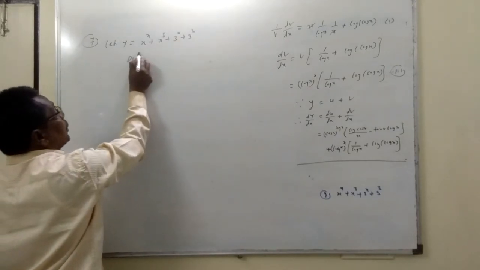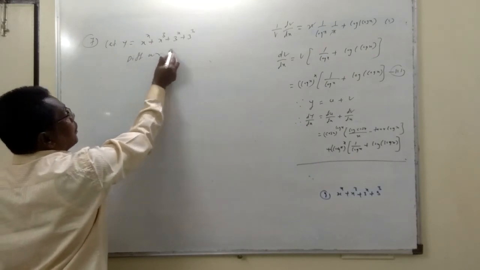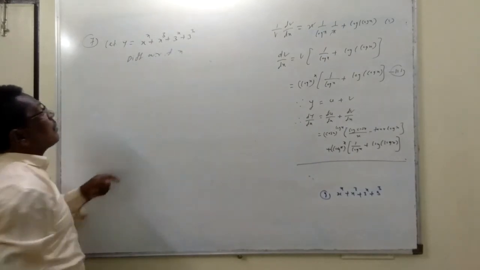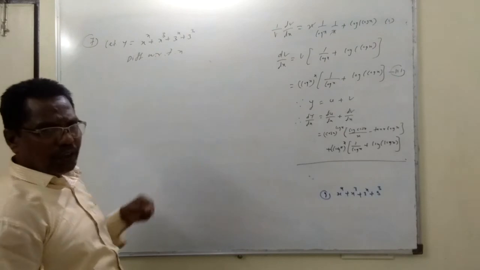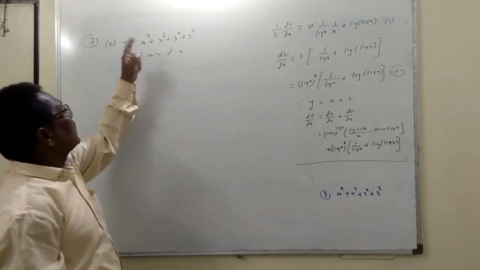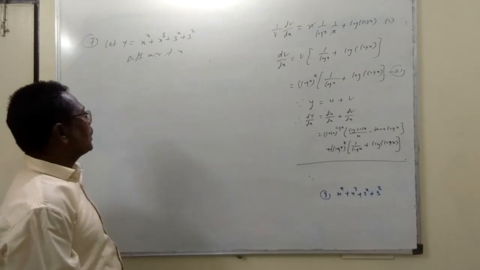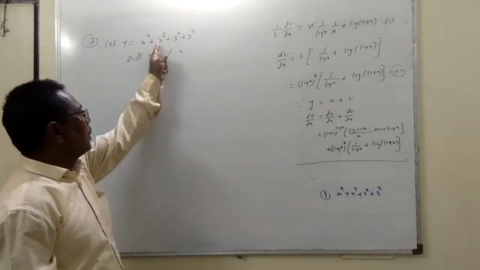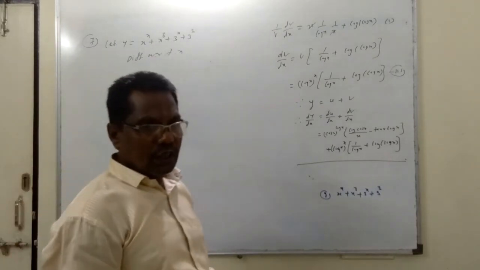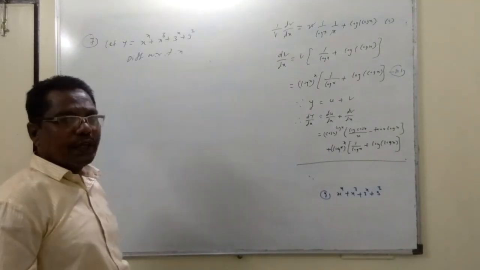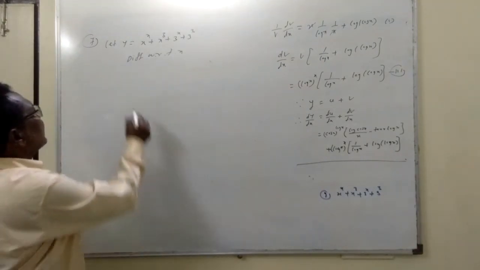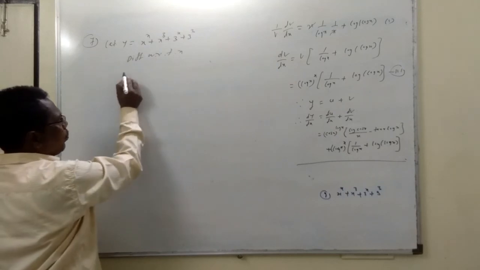Now we will differentiate with respect to x. Here this is actually an addition of functions, but there is also x raised to x. We know the standard formula: the derivative of x raised to x is x raised to x into the bracket 1 plus log x. The derivative of x cube you know is 3x square, and 3 raised to x, these are elementary functions. So we differentiate directly, it is not essential to take logs.